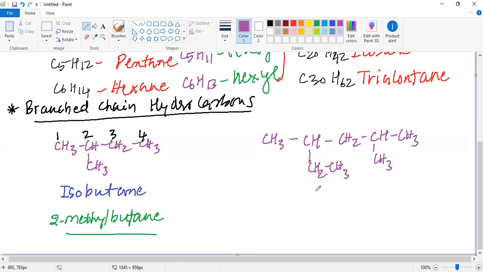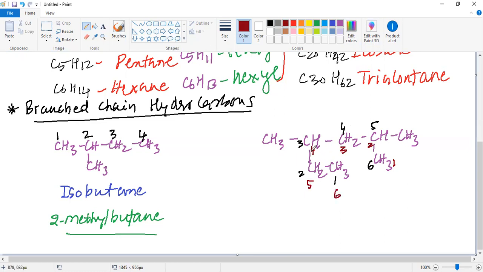So, my dear students, if you look into this, you can have the numbering starting from here: 1, 2, 3, 4, 5, and 6. Now, if you start the numbering from the other side, you may have 1, 2, 3, 4, 5, and 6.